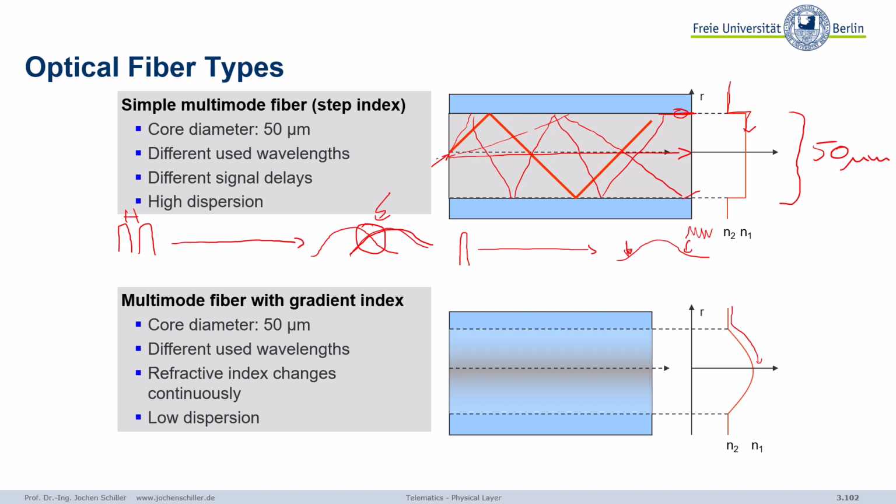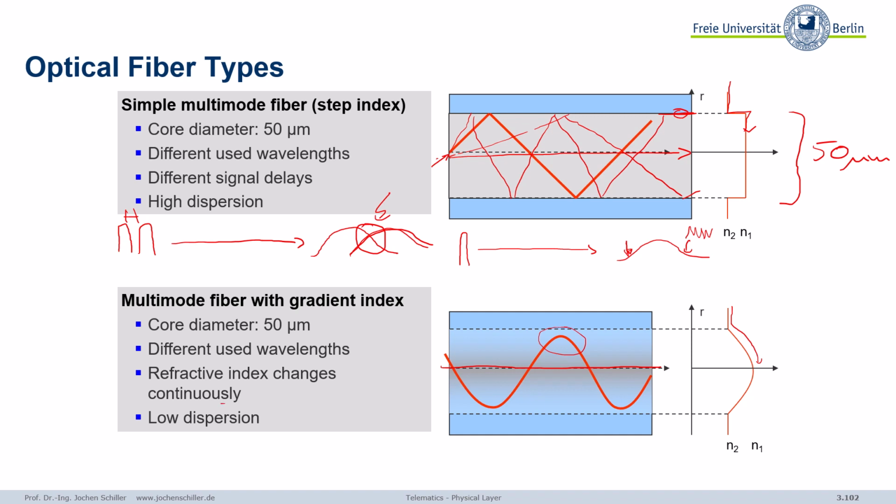Well, you send over again your wave, but now waves traveling in the center are slower due to the higher refractive index, and waves traveling closer to the next materials are faster, so they can keep up. And this altogether squeezes together those signals, resulting in lower dispersion.